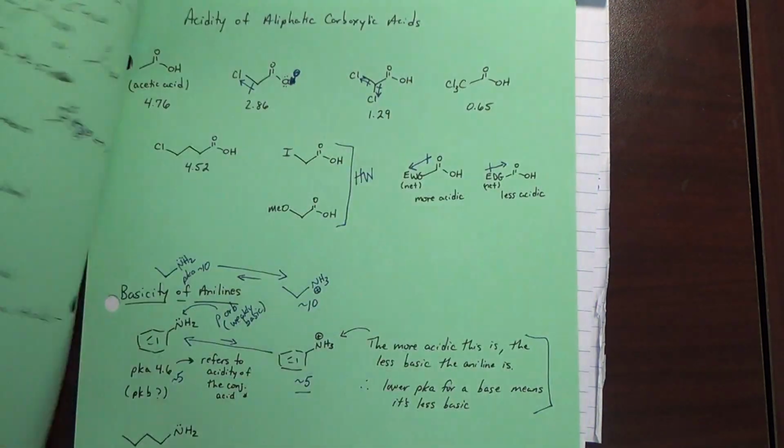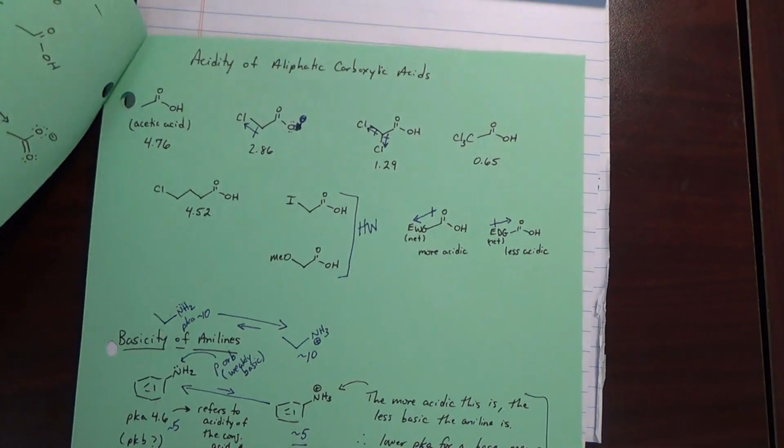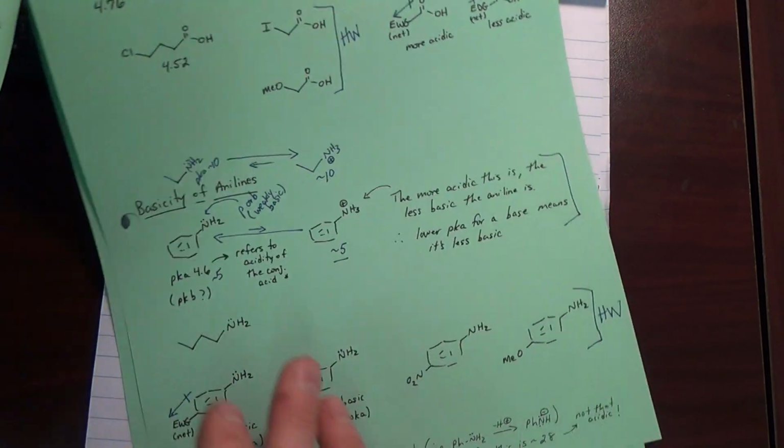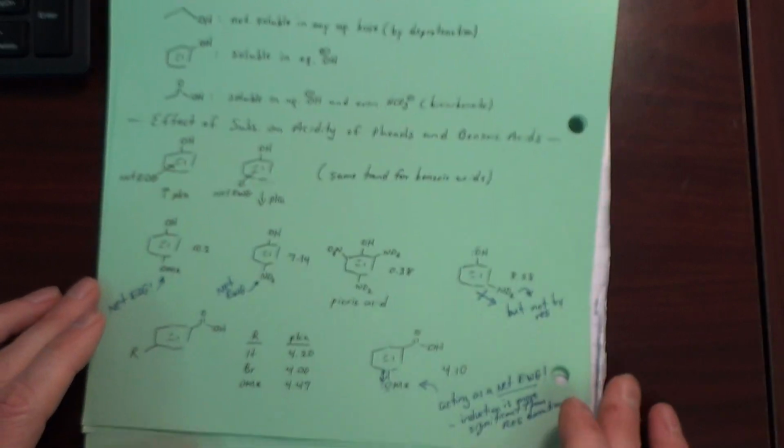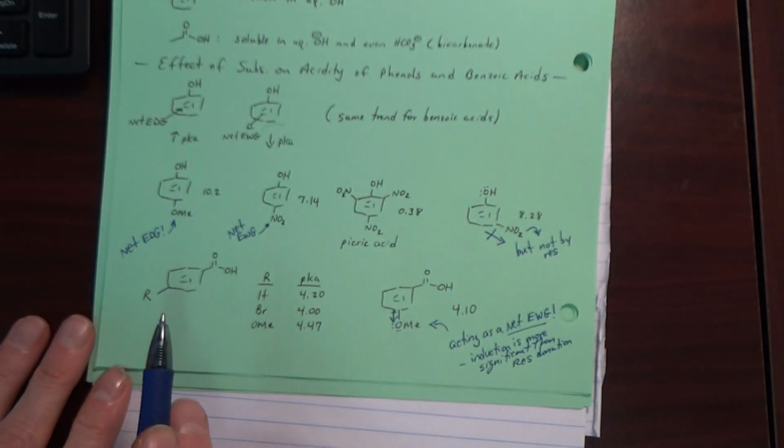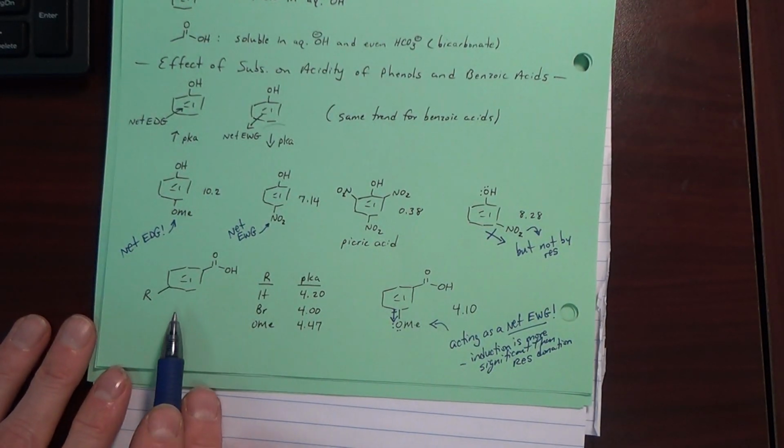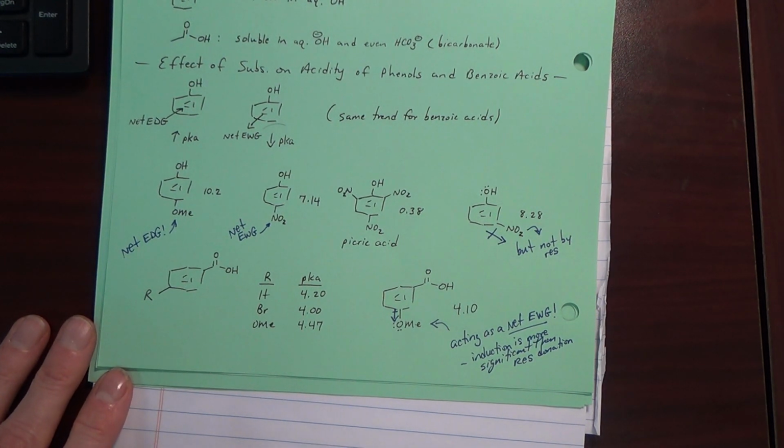Ultimately, let's go back. When we're talking about these things with groups on the benzene ring, you need to be able to draw resonance structures. Okay?